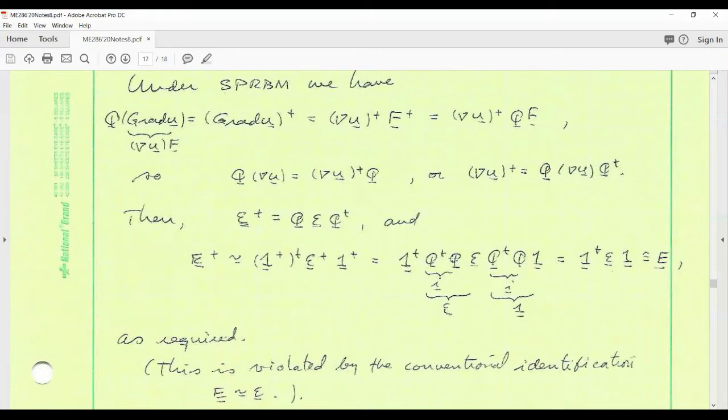Q is a spatial rotation, so Q transpose Q is the spatial identity, times epsilon is just epsilon because epsilon is a spatial tensor. Q transpose Q again, spatial identity times 1 is 1, the shifter. So you get back to this, which is our Lagrange strain. So we preserve the invariance of the Lagrange strain.